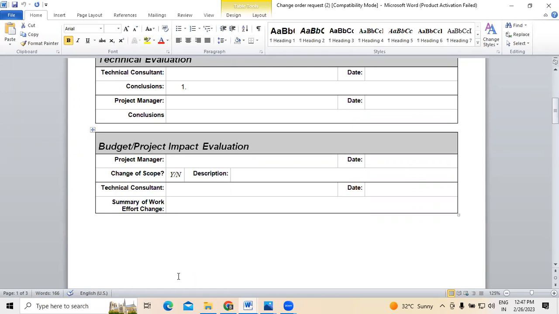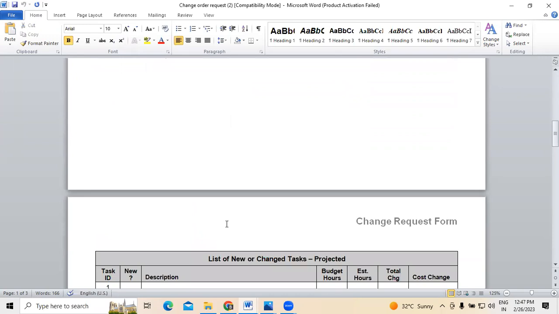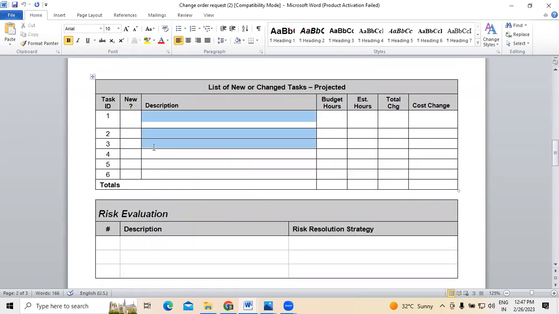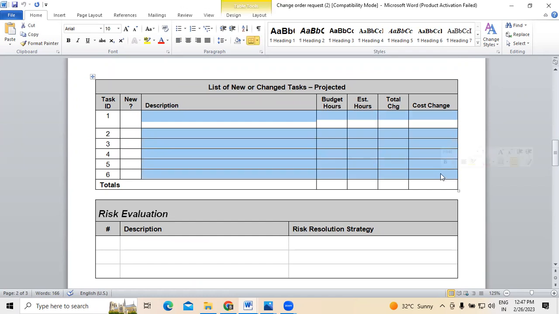Now, once the budget or project impact evaluation is completed, the next thing is that you have to mention the projected changes, not the actual ones. Projected means based on the request we have received and the evaluation, we come to know these are the changes 1, 2, 3, up to 10. So a couple of changes we have identified, and those changes, followed by descriptions, have to be written here.